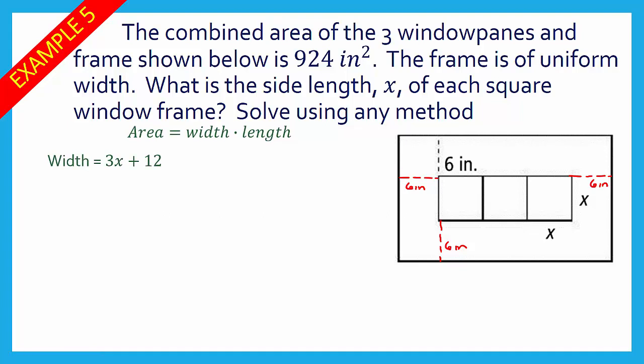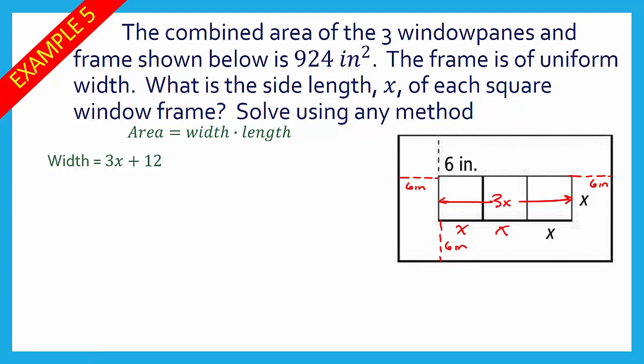Take a minute, see if you can figure it out before you continue. But again, all of these square panes are uniform, which means this has a length of x, this has a length of x. So how many x's do we have? The 3 of these together are 3x from here to here. So we have 3x here, and then 6 and 6 is 12. Now that you know that, what do you think the length is?